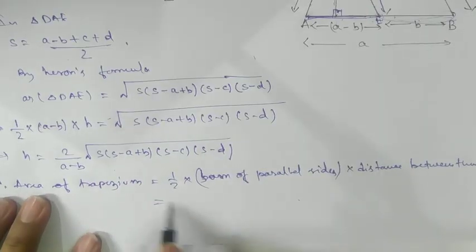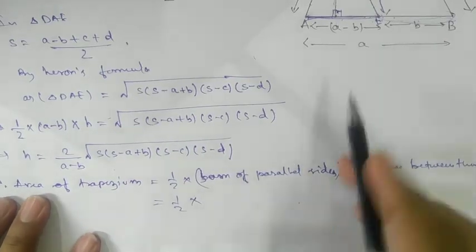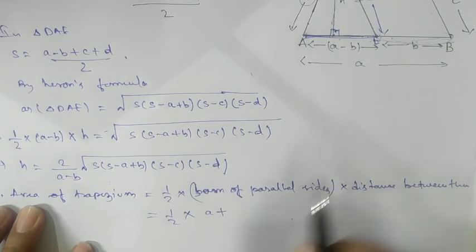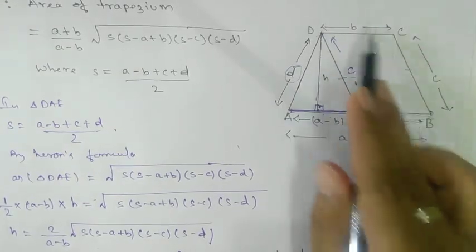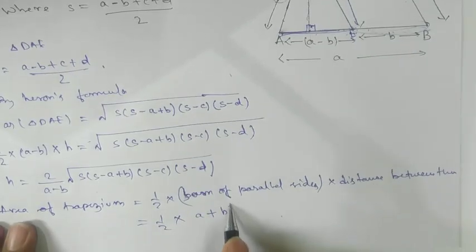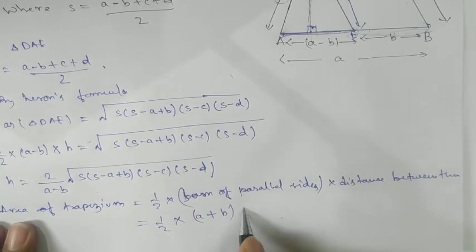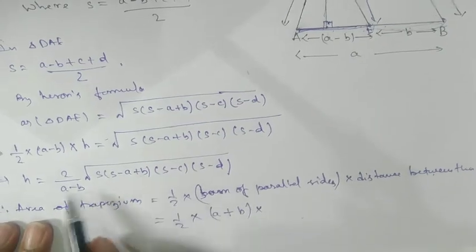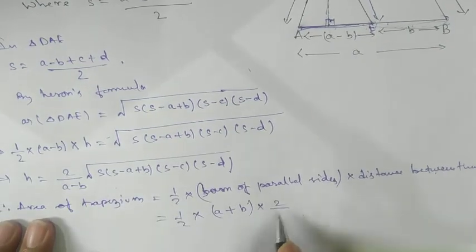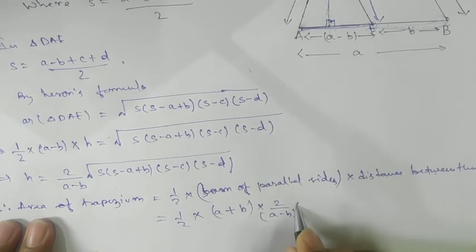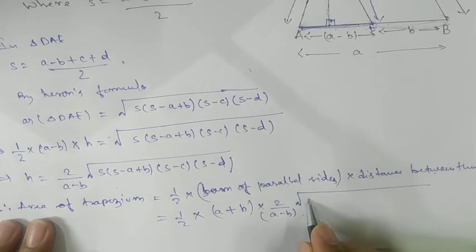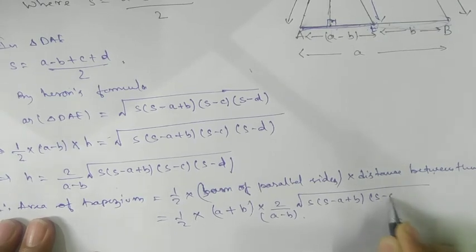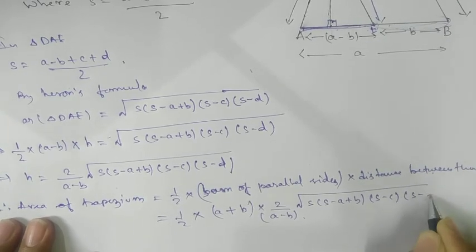So we'll replace here. That means it can be written as AB, AB is the a value, plus DC, DC is b. So this is your a plus b, and the distance between them, the h value we have here, 2 by (a minus b) root over s into (s minus a plus b), (s minus c), and (s minus d).